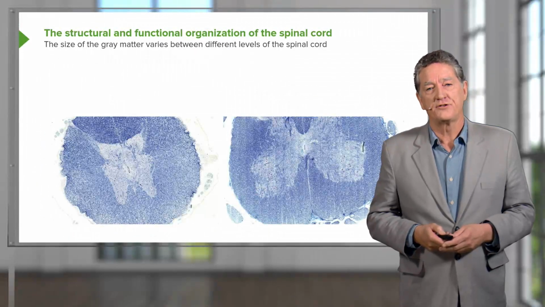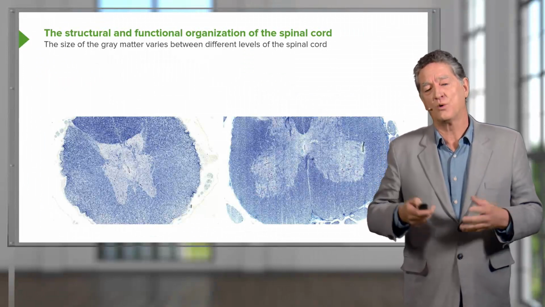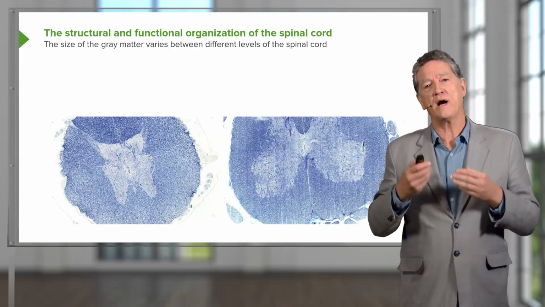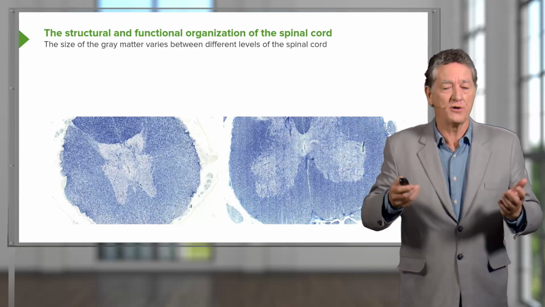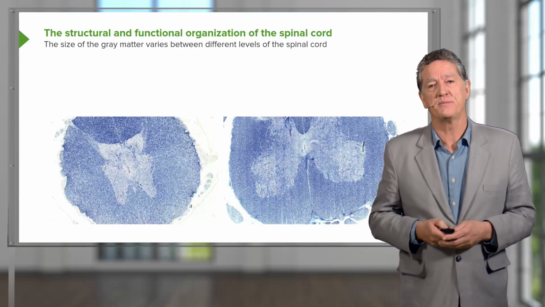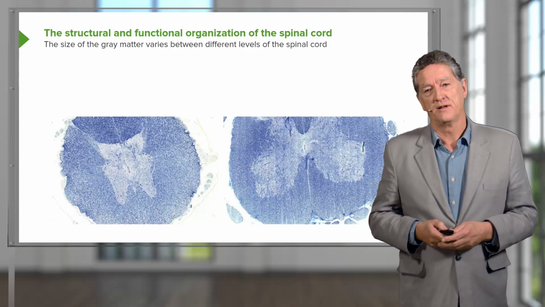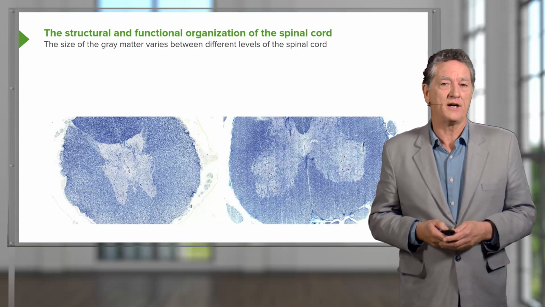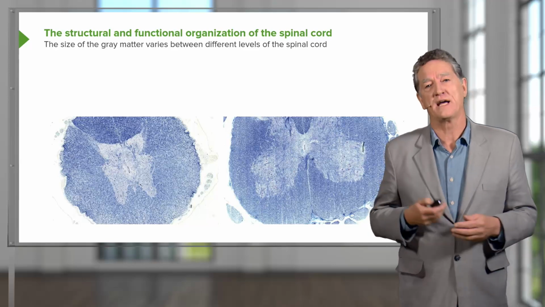Now, just imagine that this butterfly or this area of grey matter is travelling all the way up and down the spinal cord, as is the white matter. You're only looking at a single, very thin section through the spinal cord in this image. But imagine this area of grey matter being present all the way up and down the spinal cord.